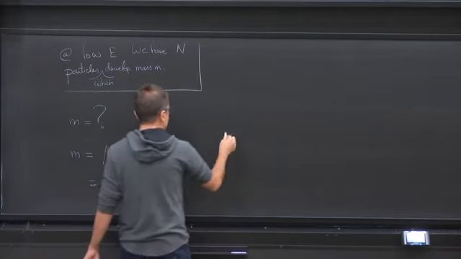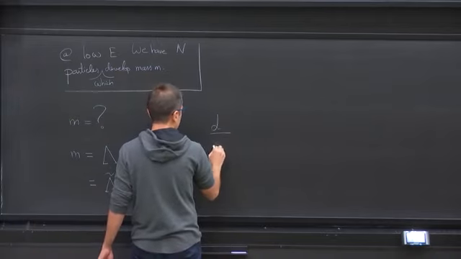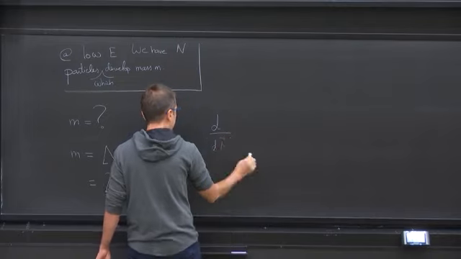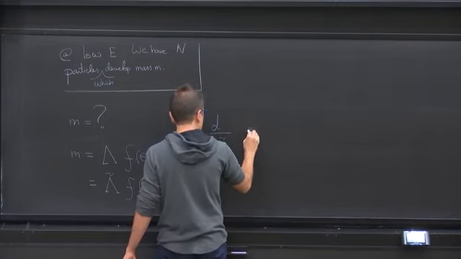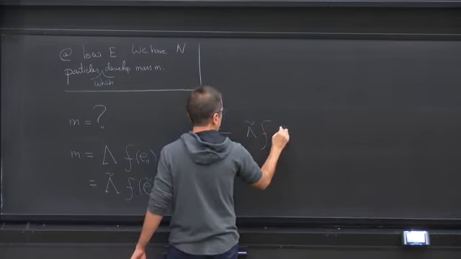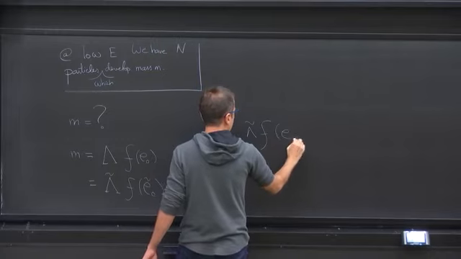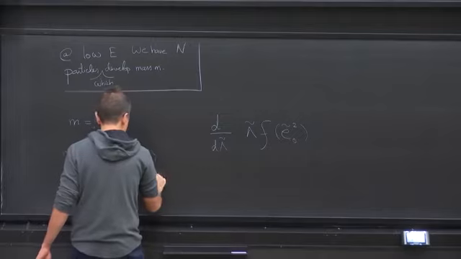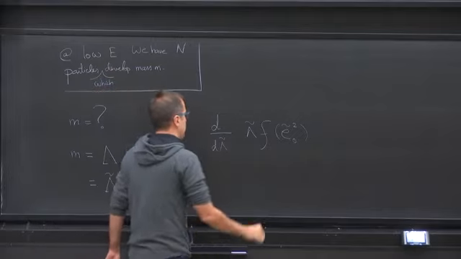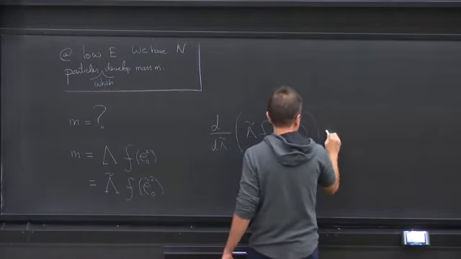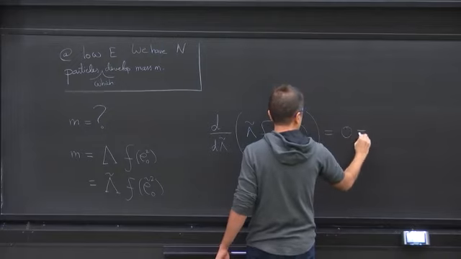So this mass, if I take the derivative with respect to the logarithm of the cutoff lambda tilde of lambda tilde f of E0, should be equal to 0.